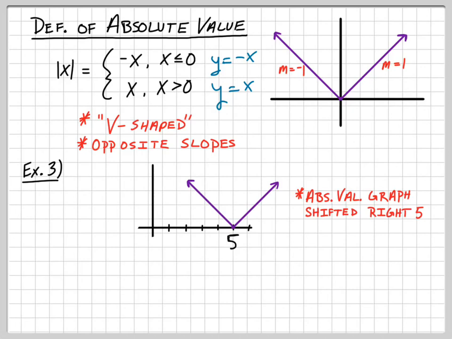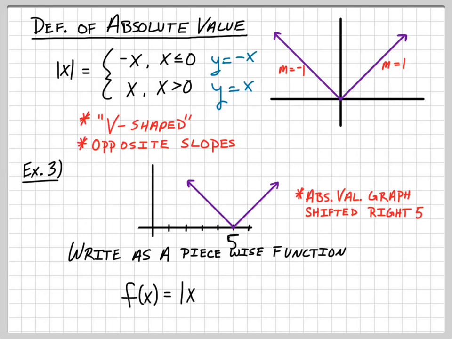And based on what I just gave you, you probably know what I'm going to ask you to do. I know that you could write this as absolute value of x minus 5, let's say, but I'm going to ask you to write it as a piecewise function.